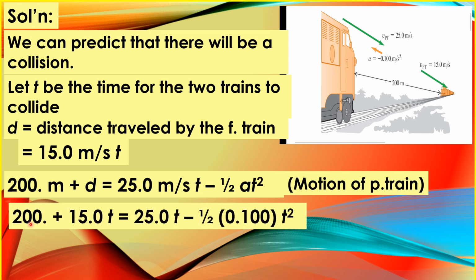200, forgetting about the units for simplicity, so this becomes 200 with three significant figures.